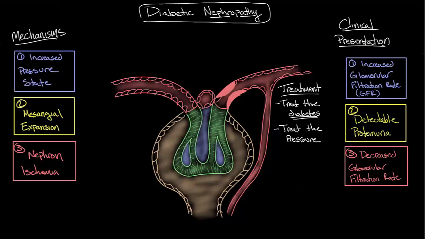And what I mean by that is treat the hypertension. So if you can decrease the blood pressure that goes into the afferent arteriole here, you'll decrease this increased pressure state. In addition, one of the most common medications to treat blood pressure are known as ACE inhibitors.